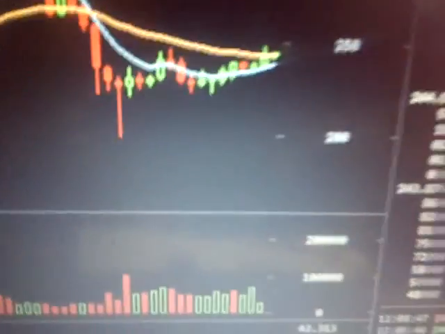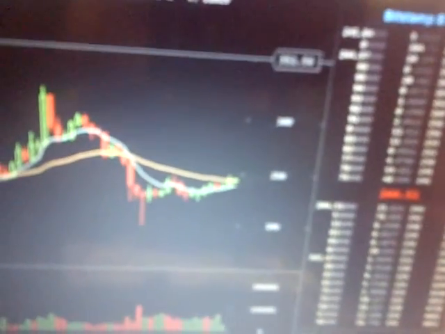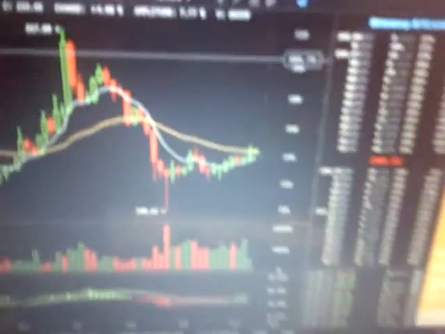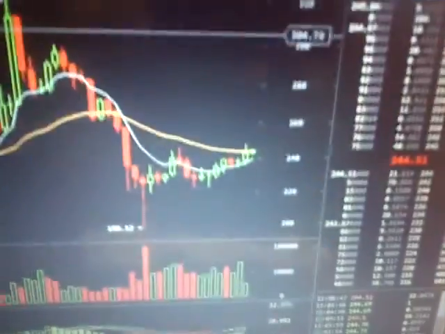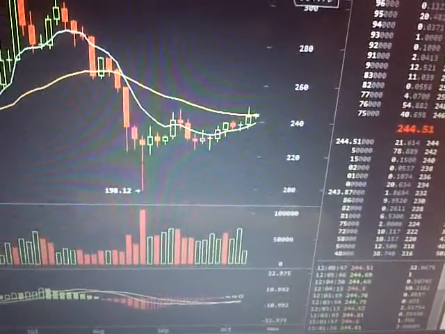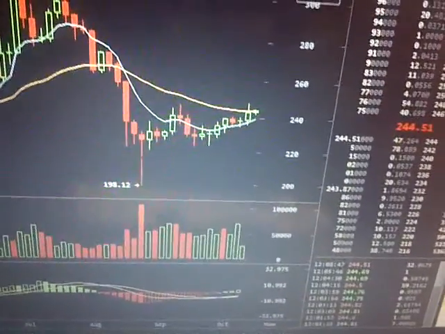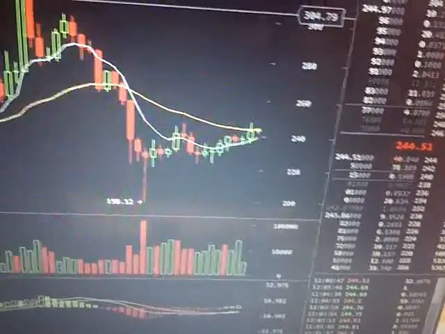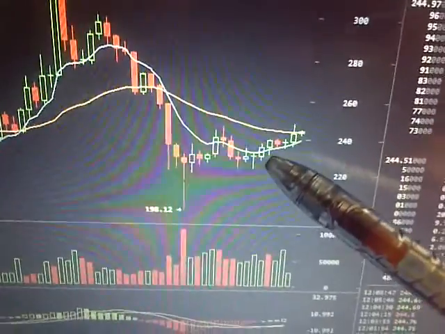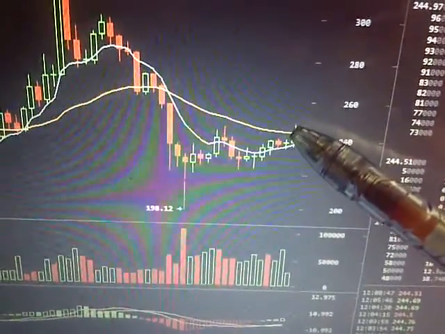And the 3-day, let's just zoom in. Okay, you're kind of seeing a little push for it to go up. As you can see, it's a little push. It pushed up, came back down.